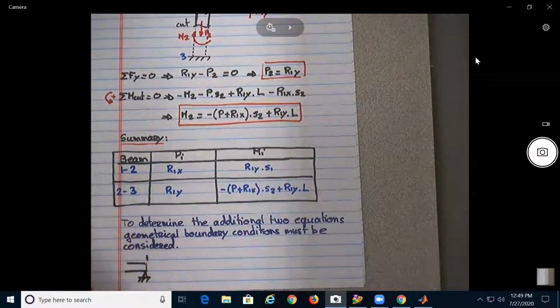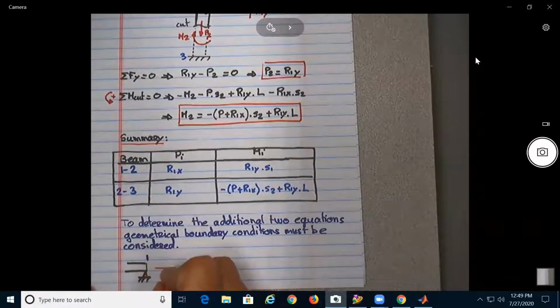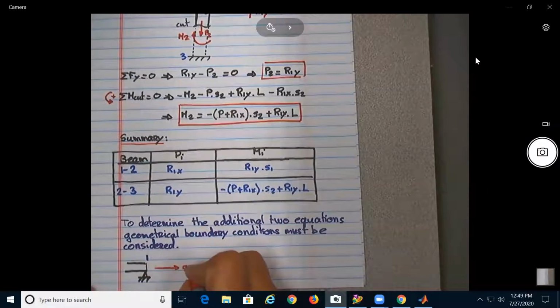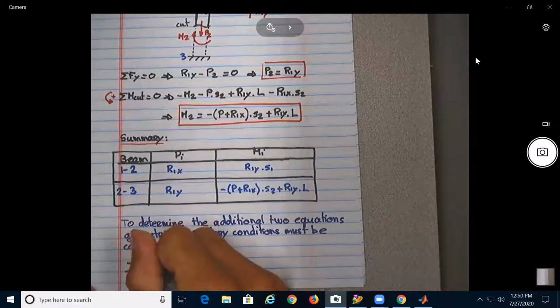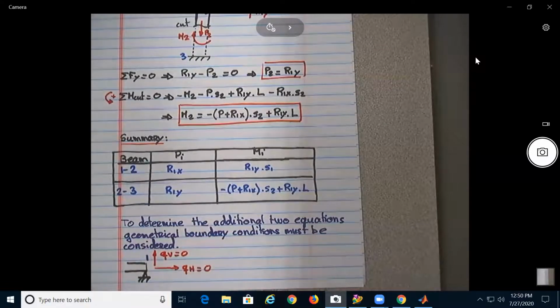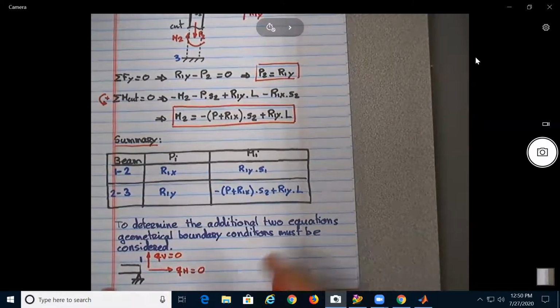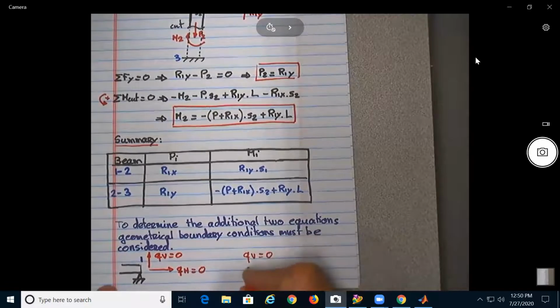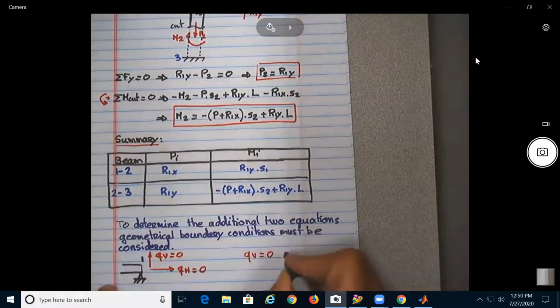which means what? That means that the horizontal deformation must be 0, but at the same time, the vertical deformation should be 0 as well, no? So if you want, QV equals 0 would be our fourth equation.